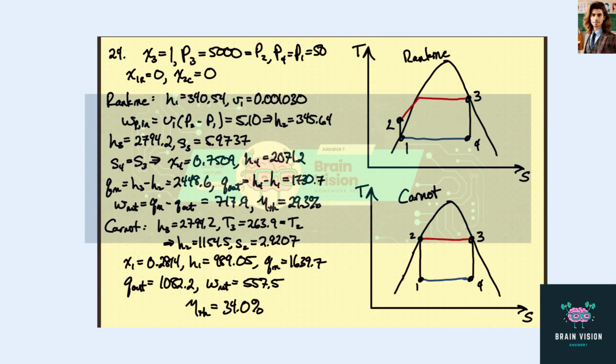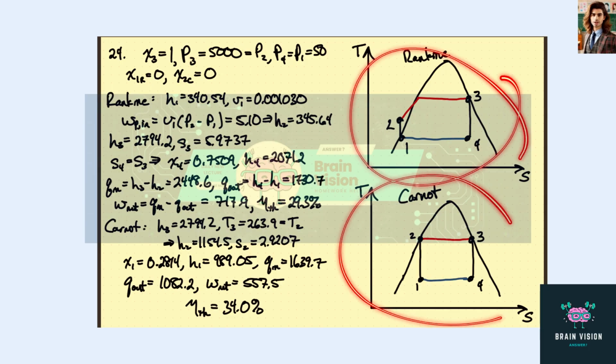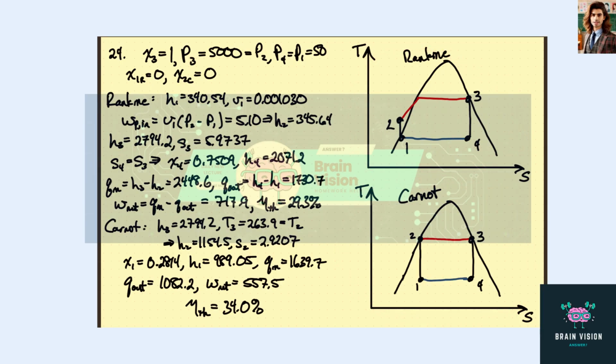So let's see here. In this problem, we have another Rankine cycle, and we want to compare an ideal Rankine cycle and a Carnot cycle. In the T-S space, we have these two kinds of cycles. In a Carnot cycle, we go from saturated liquid to saturated vapor in the boiler.